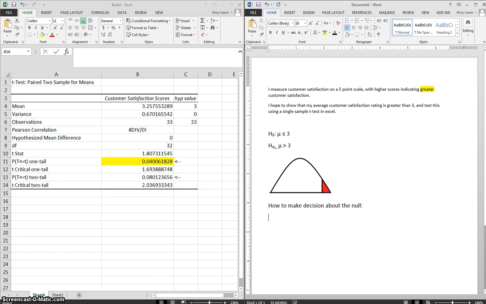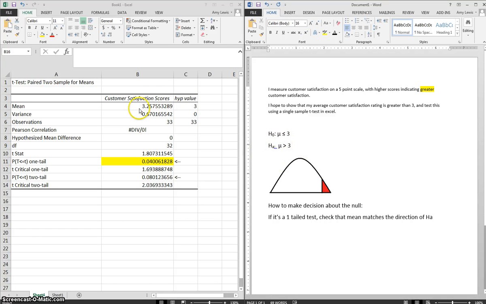If it's a one-tailed test, I need to check the direction of the mean. So I'm going to compare my mean to HA. So right here I look at that and say 3.26 is bigger than 3, and that's consistent with this.